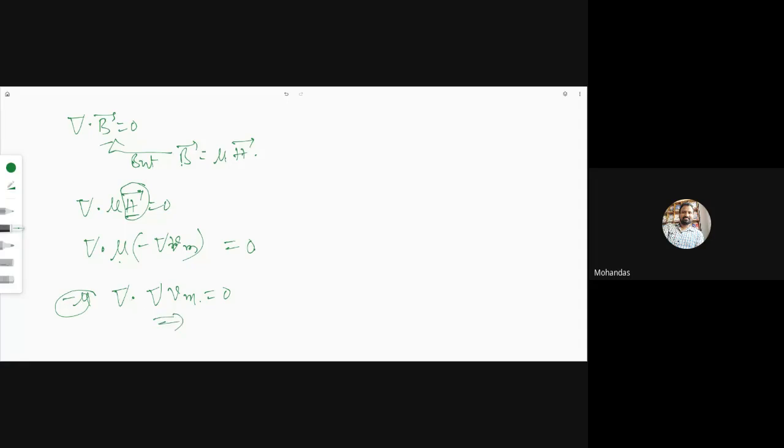What is the divergence of gradient of V? That becomes the Laplacian. Del square Vm equal to 0. This is the Laplace equation for which one? Magnetic field.